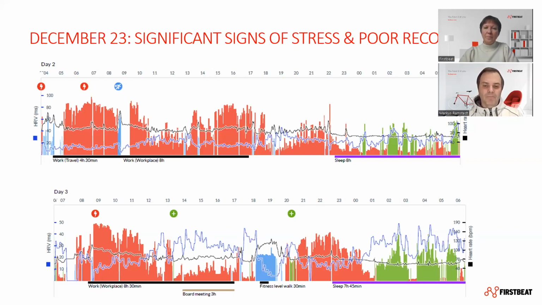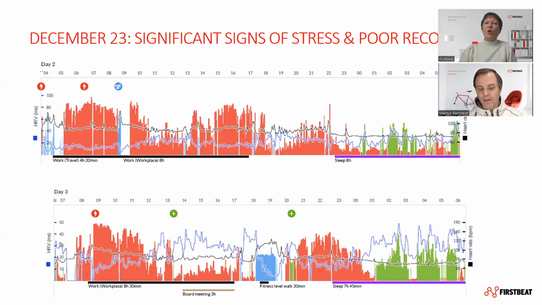But when I travel, I always take my sneakers with me, and went for a walk after the pretty stressful day, because I know that I just need the exercise somehow to then recover. And I think that already shows in the next night's results, that even though the day was stressful, there's still a lot more recovery in the night.